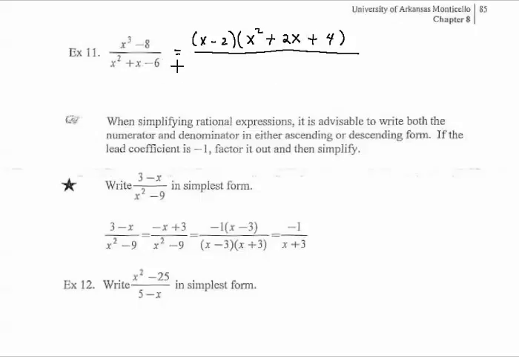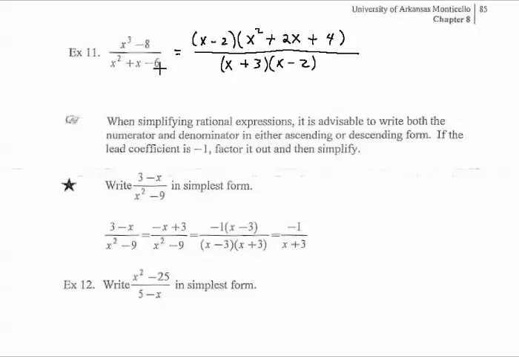Our denominator is going to become, let's see, two numbers that multiply to give me a negative 6 would be plus 3 and minus 2. And they also add, 3 minus 2, to give us the plus 1.